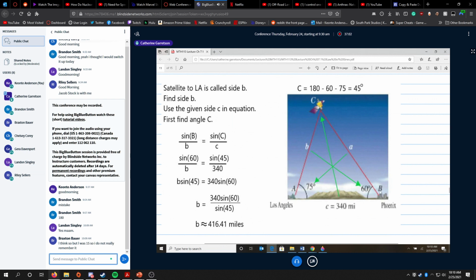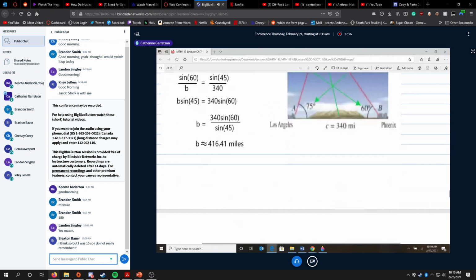And that's because you're trying to pinpoint something by comparing it to this point over here and this point. So it's still that same kind of concept where they're trying to pinpoint the distance from various locations.